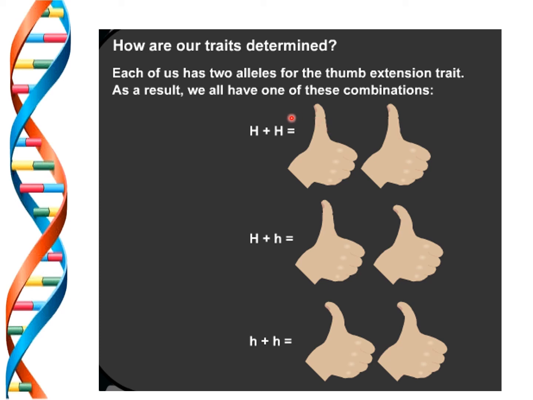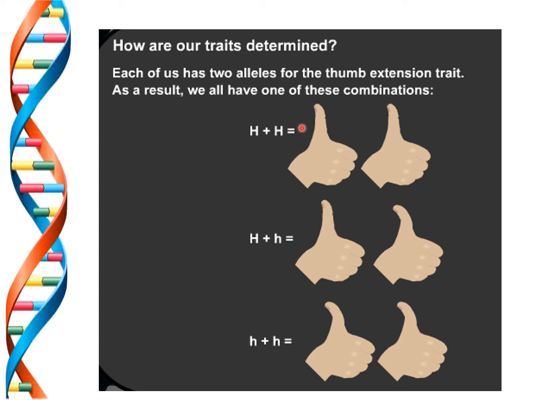This is a good opportunity for me to explain the difference between dominant and recessive. A capital H is referred to as the dominant allele. A dominant allele is represented by a capital letter, while a recessive allele, which we'll talk about in a little more detail later, is represented by a lowercase h.